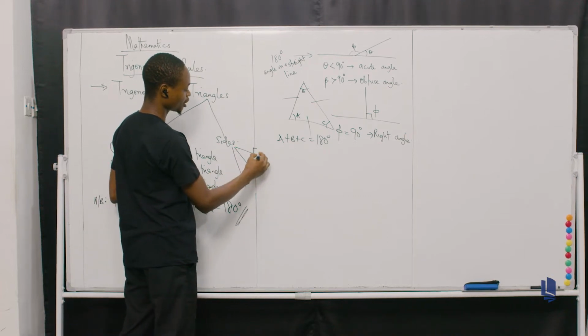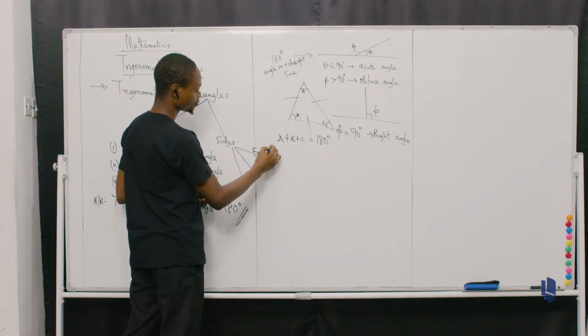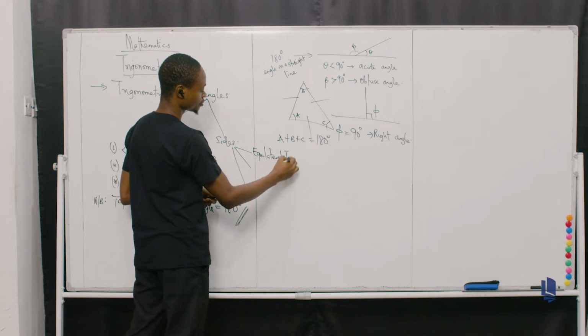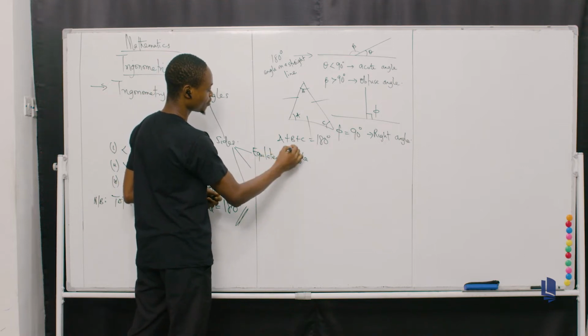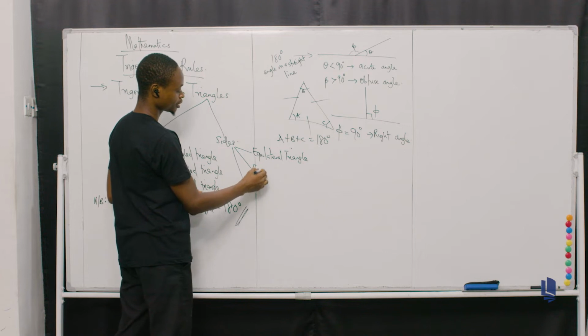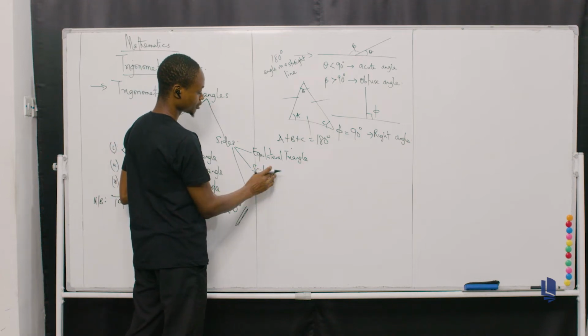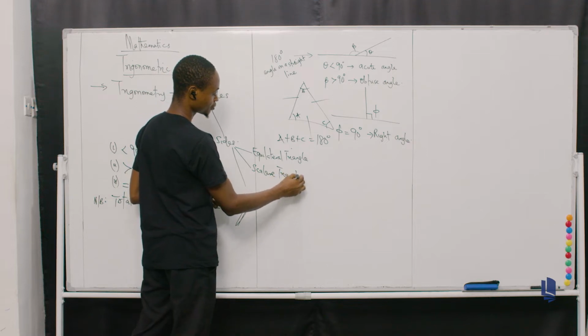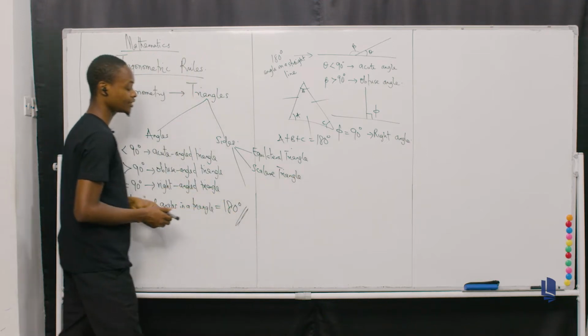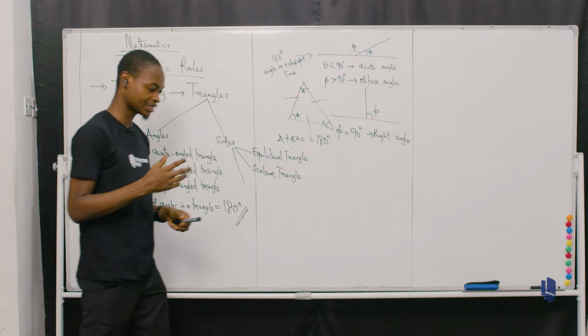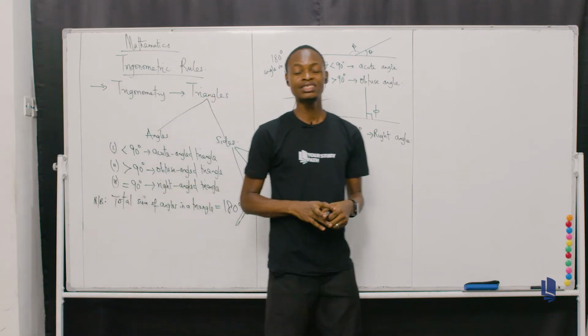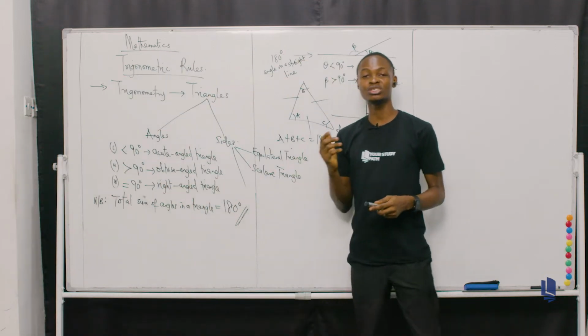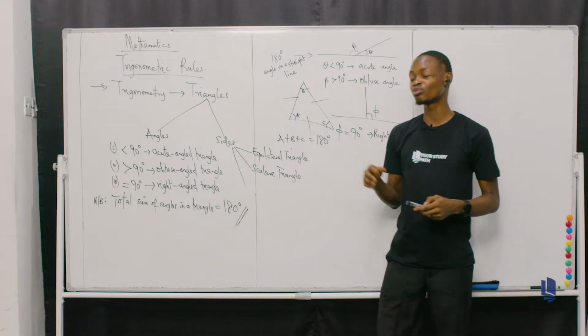We talk about the equilateral triangle. We can also talk about the scalene triangle. And of course, when you consider these kinds of triangles, they are very, very important because they all have their own properties.